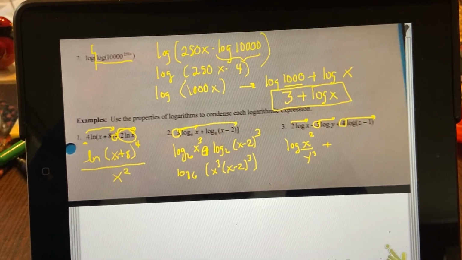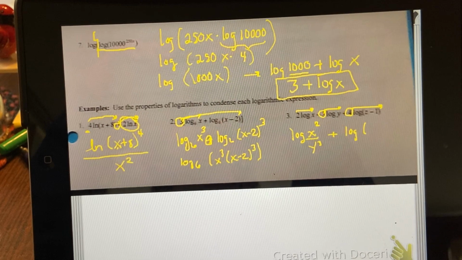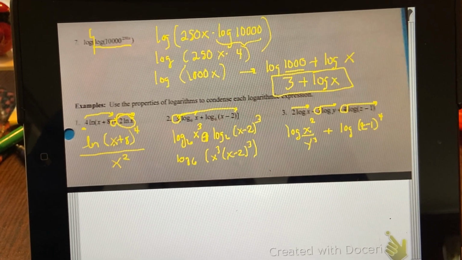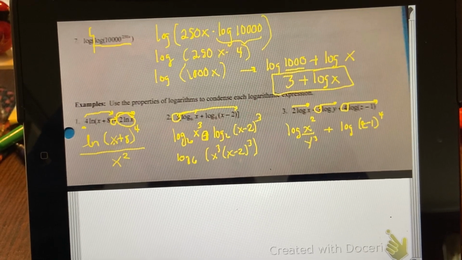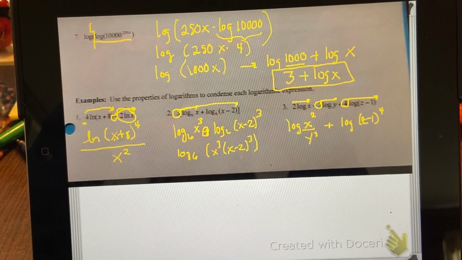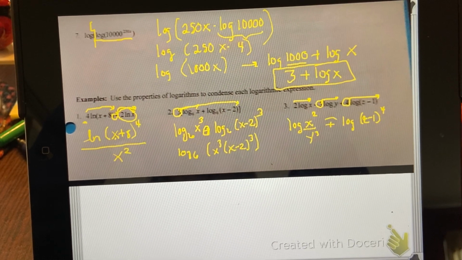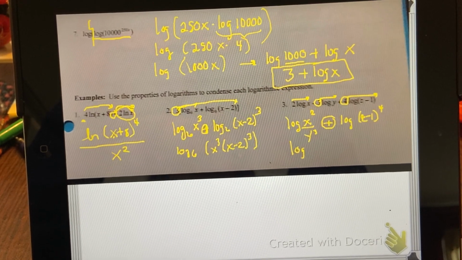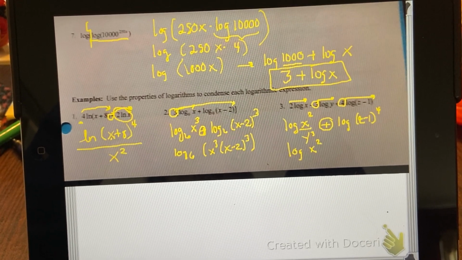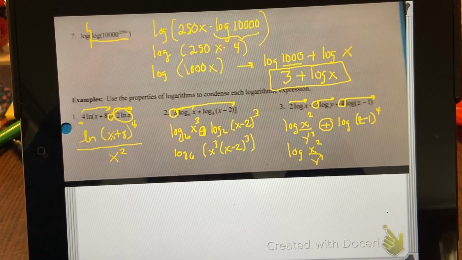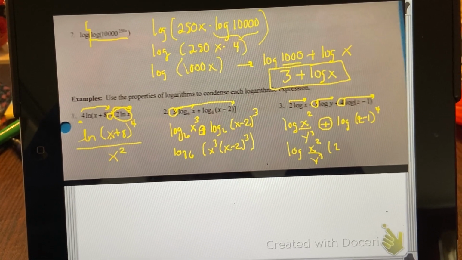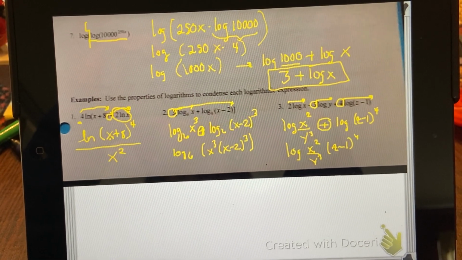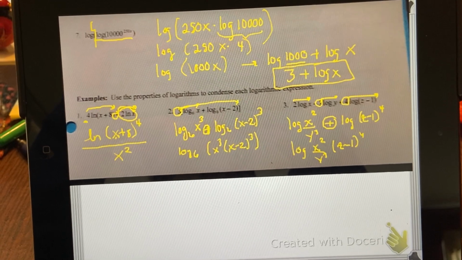And then log z minus 1 to the 4th. Well, I have one more step because I can't have more than one logarithm statement, logarithm notation. So we'll combine these two. Well, addition means to really multiply those terms that follow the log notation. So it's x squared over y cubed and then z minus 1 to the 4th. Do nothing with it. Stop there.